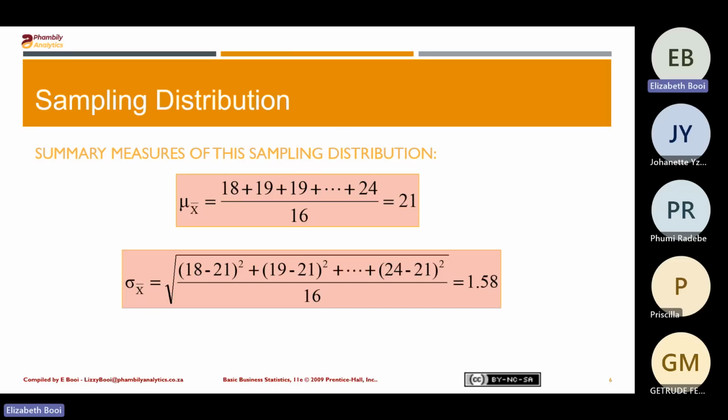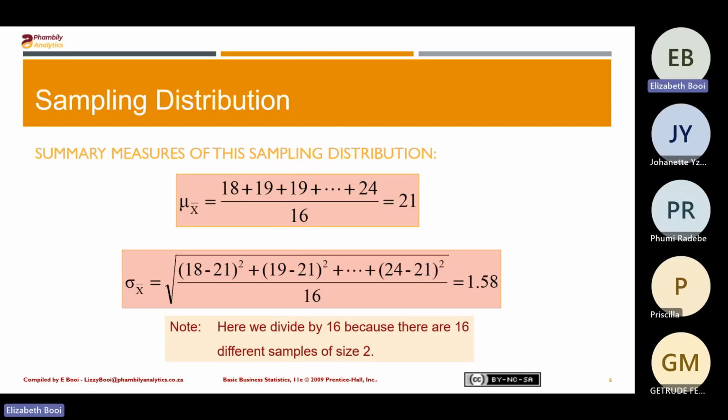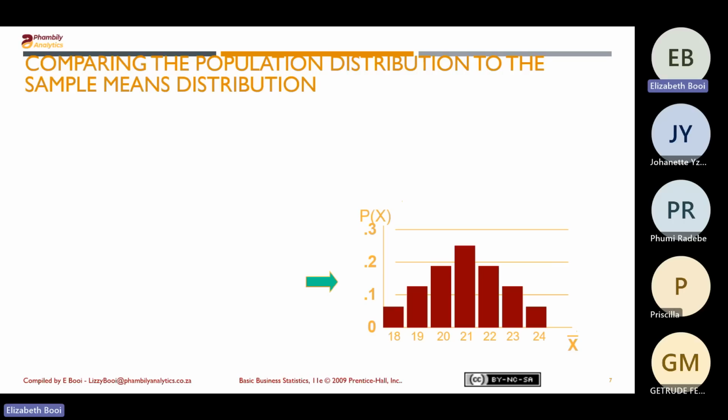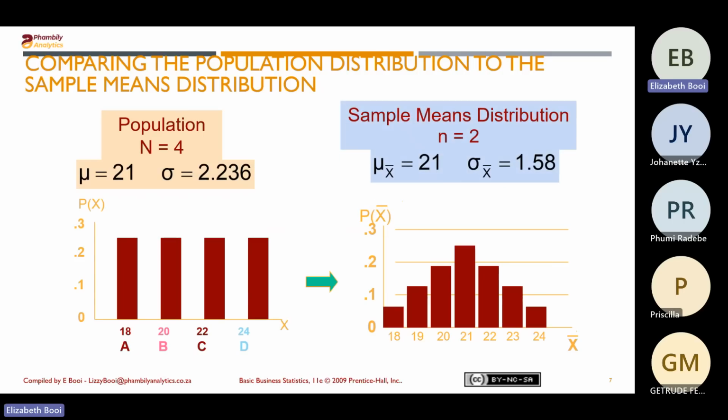So in a way, what we're saying is that the mean of the population and the mean of the sampling distribution are the same, but the standard deviations are not the same. Our population had the mean of 21 and the standard deviation of 2.3.